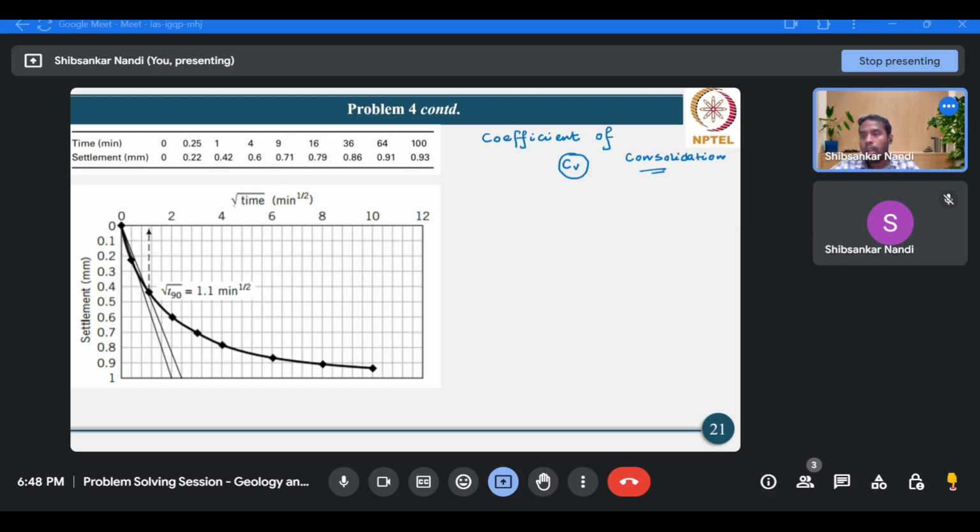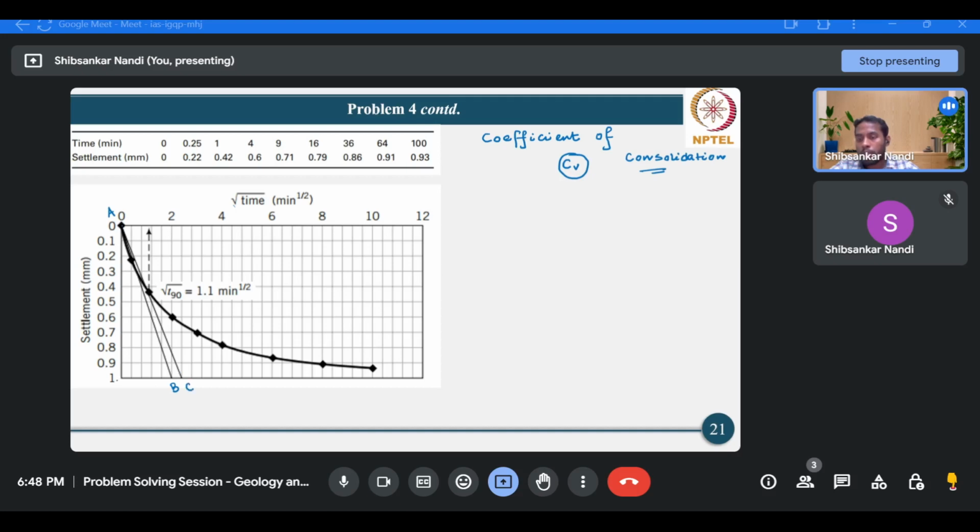Now from the initial portion, suppose this point is your A. From the initial portion, we'll draw a straight line AB. Now again we'll draw a second straight line, that is AC.